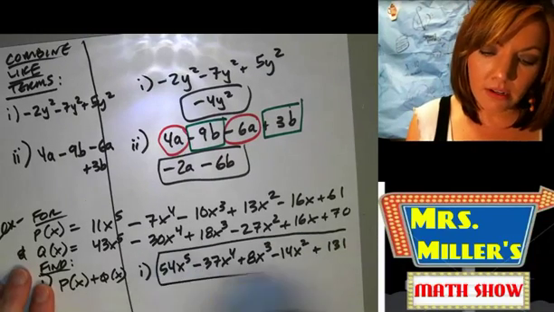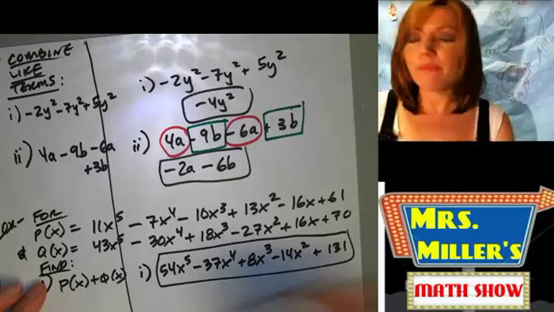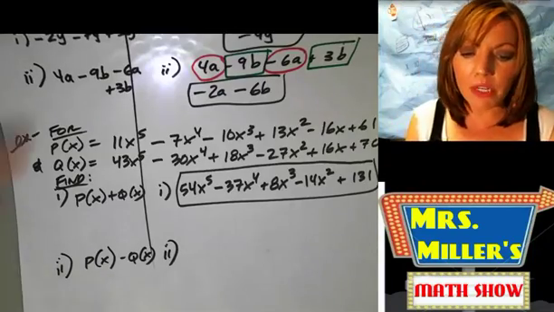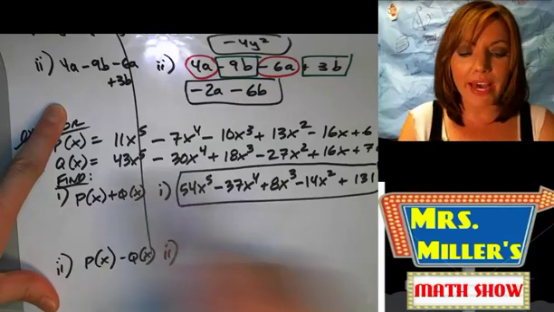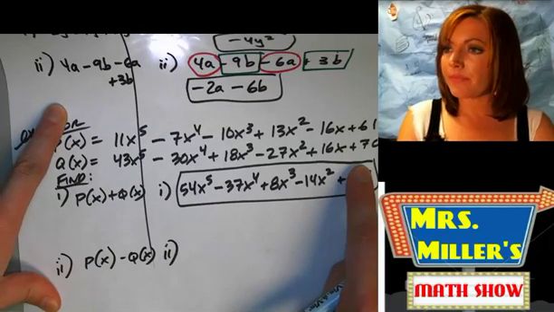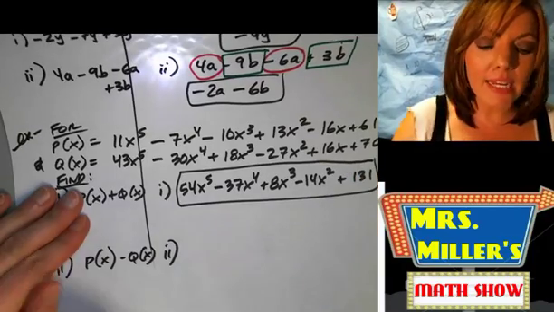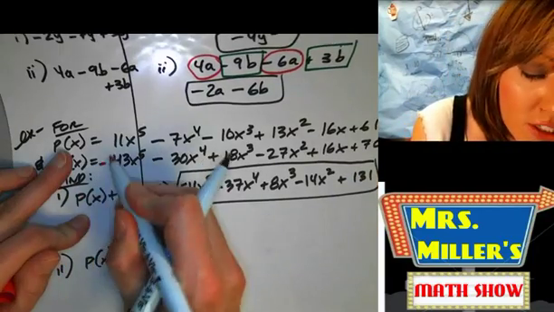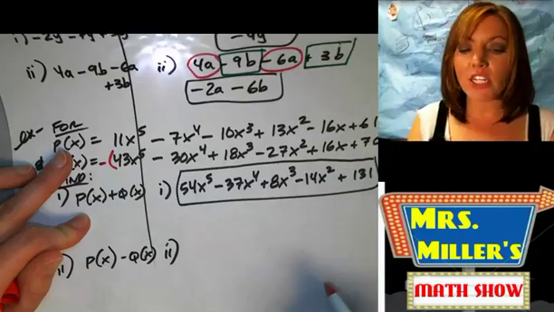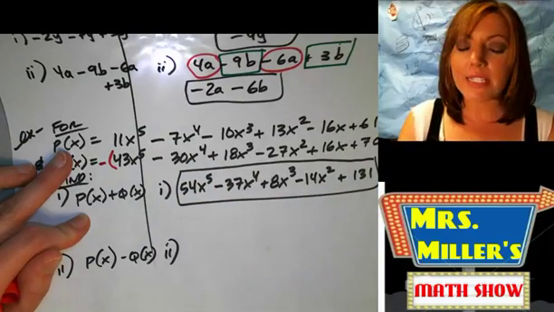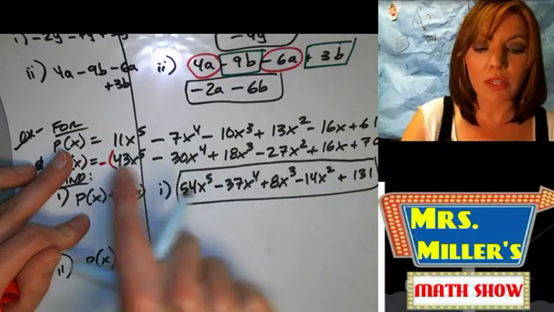Okay, last example. Now, with these two polynomials, we want to subtract q of x from p of x. If I subtract q of x from p of x, I'm subtracting this whole entire expression from what's above. What do I have to do with the negative? Distribute it.